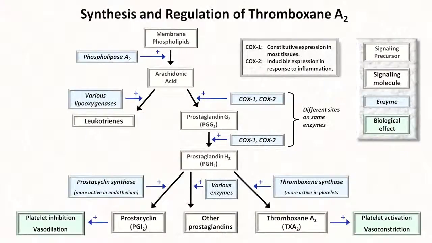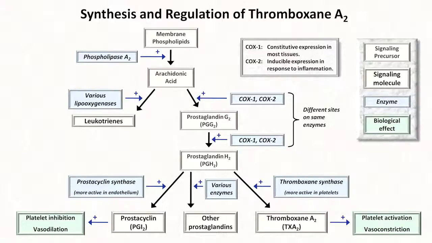In the second video in this series, we looked at this diagram, which outlines the synthesis and regulation of prostaglandins and thromboxane A2. To remind you, thromboxane A2, which helps to activate platelets, is produced from arachidonic acid by three steps. The first two are catalyzed by different sites on the same enzyme, which can be either cyclooxygenase 1 or cyclooxygenase 2, both of which are occasionally referred to instead by the name PGH2 synthase 1 and 2, or the name prostaglandin endoperoxide synthase 1 and 2.